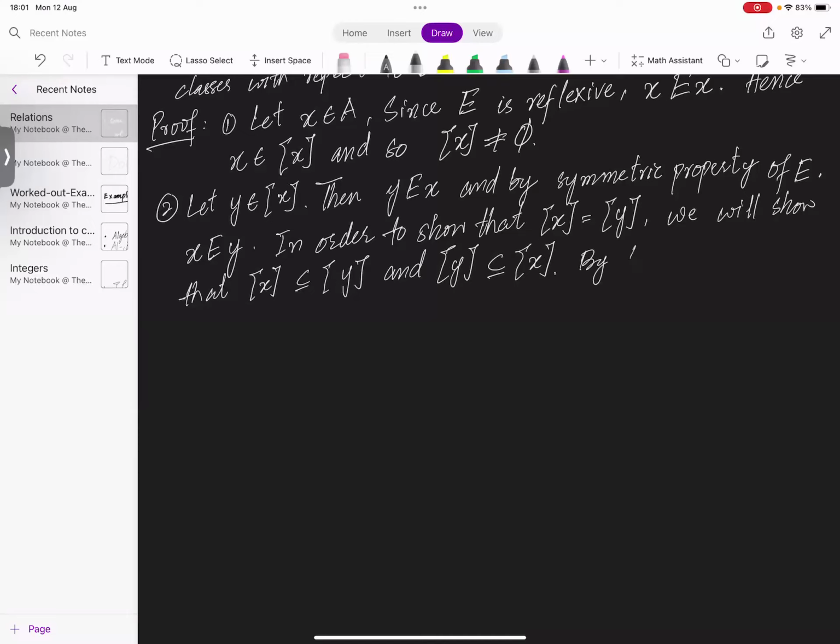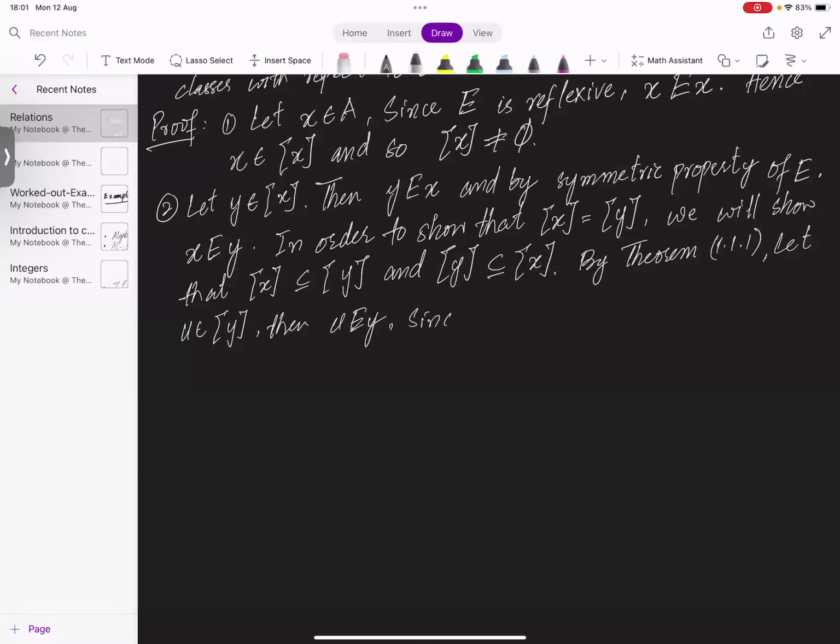So by theorem 1.1.1, to show two sets are equal, we show the containment. We show that each of them is a subset of the other. So let u be an element inside the equivalence class of y, then u is E related to y.